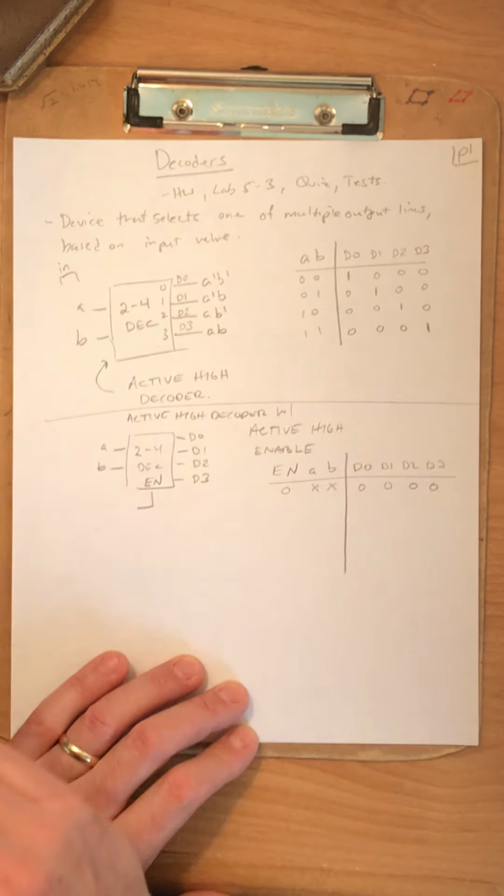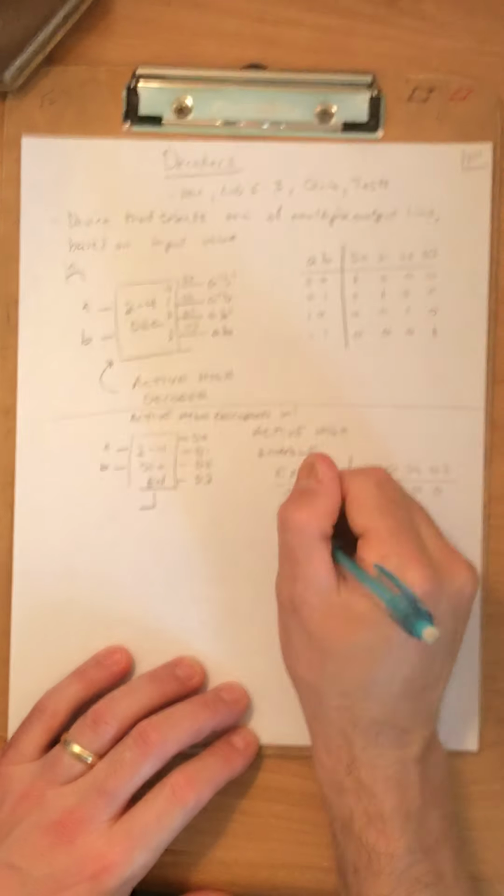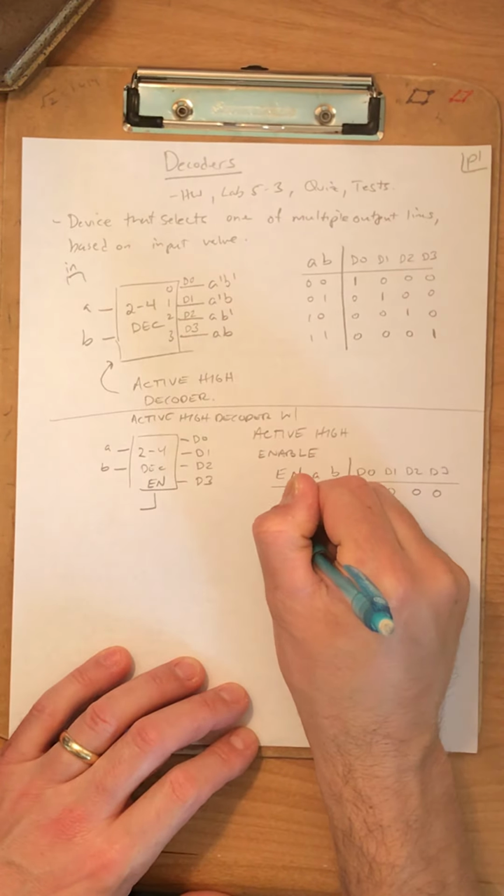Everything is off. So that's how we turn the whole thing off. Then enable would be 1 for the next 4 rows. And that's what we have. And output 3 on the last row.